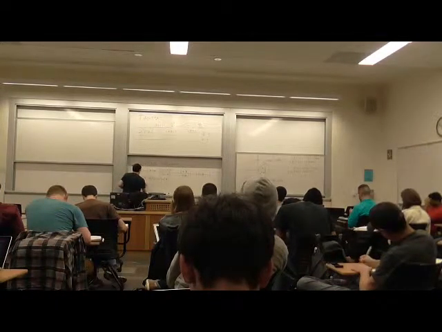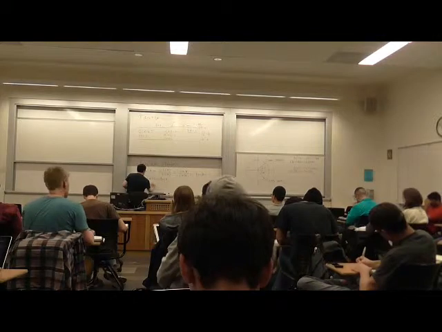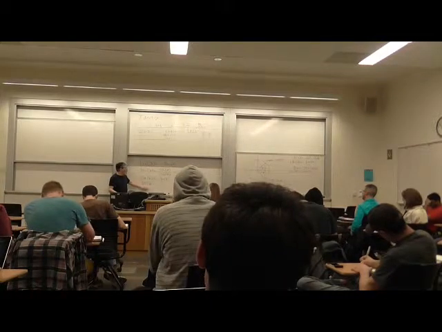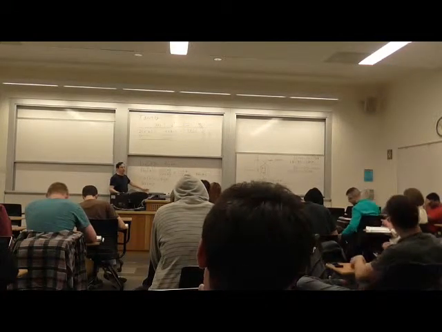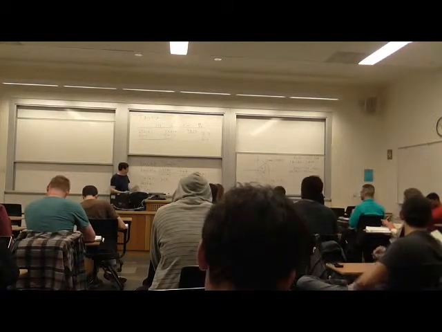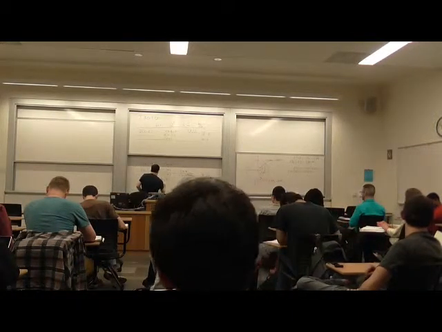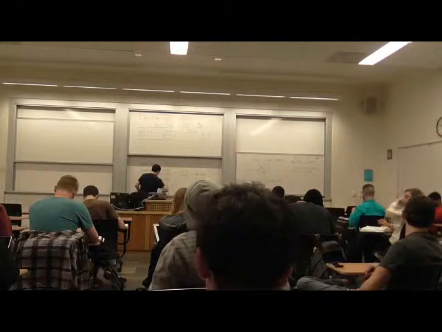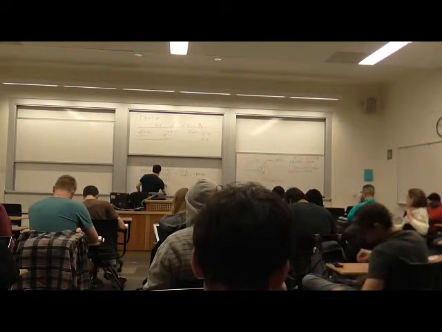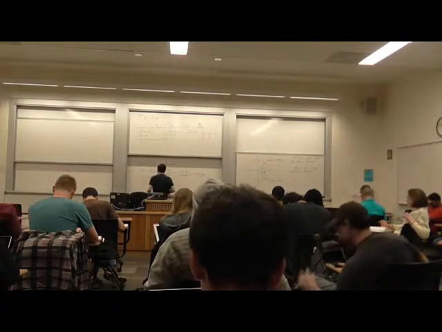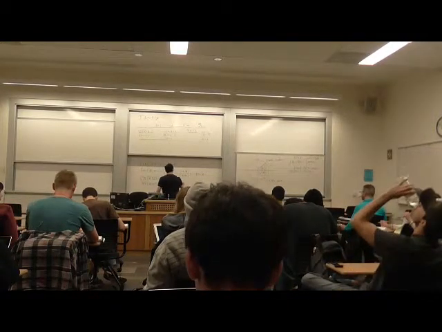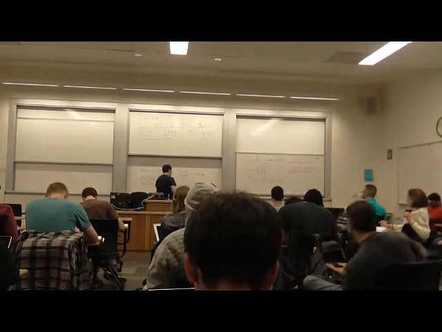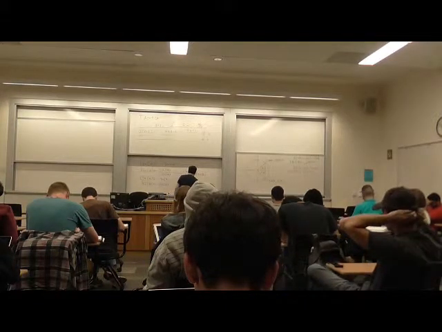Very quickly, the secant of negative theta. Well, you can just guess this one. The secant is 1 over the cosine, and cosine is an even function, so the secant of negative theta is just the secant of theta. And you should be able to guess by now the cosecant of negative theta. Negative cosecant. Yeah, there's the odd function.